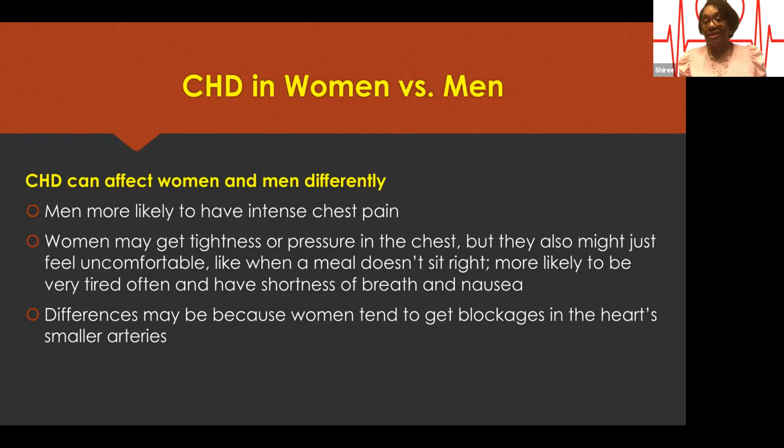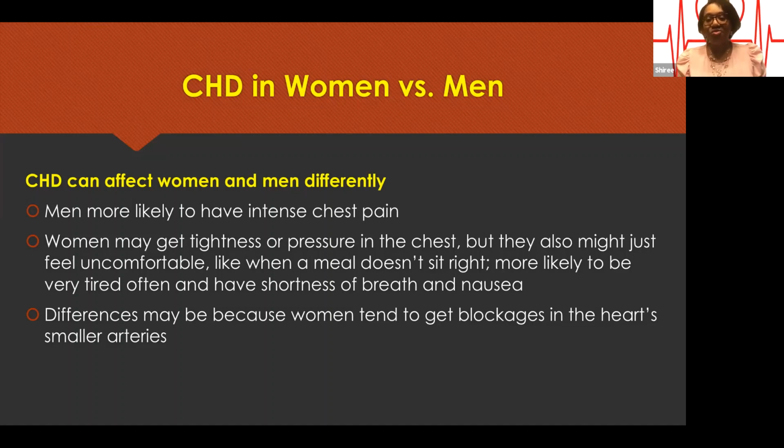Men are more likely to have intense chest pain, and women may just get tightness or pressure in their chest, and maybe ignore it, thinking that it's not that serious or a big deal. They may feel uncomfortable, like when a meal doesn't sit right with you, and sometimes can be very tired, with shortness of breath and nausea.